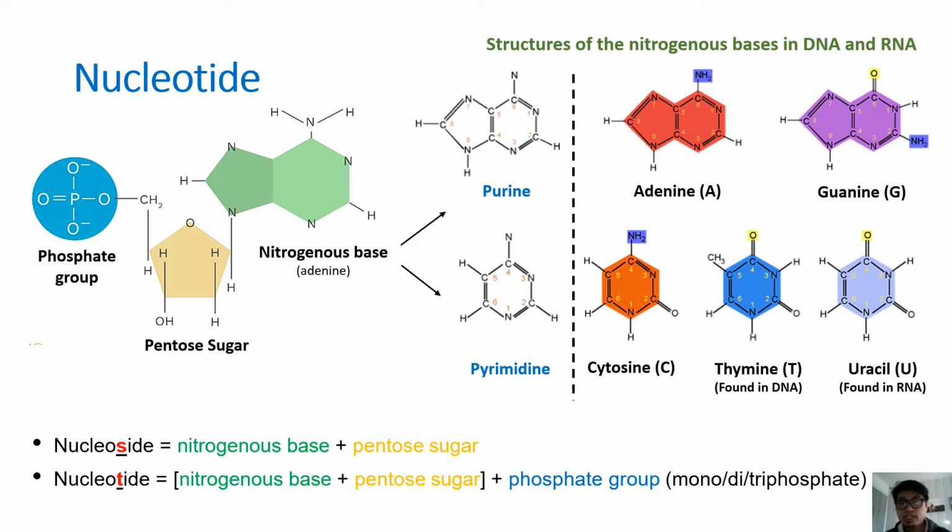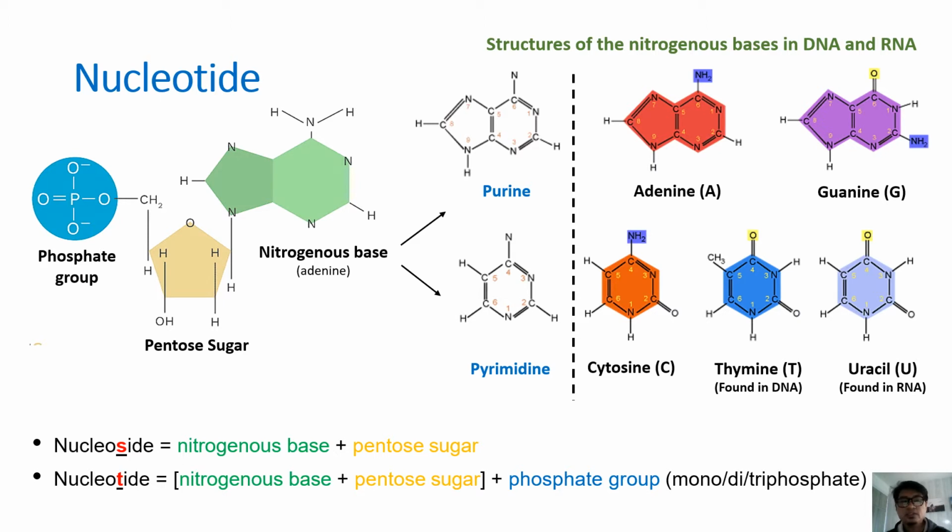The purine has two carbon rings, but the pyrimidine only has one carbon ring. The purine nitrogenous bases are adenine and guanine. The pyrimidines are cytosine, thymine, and uracil. The thymine can only be found in the DNA. However, the uracil is only found in the RNA.